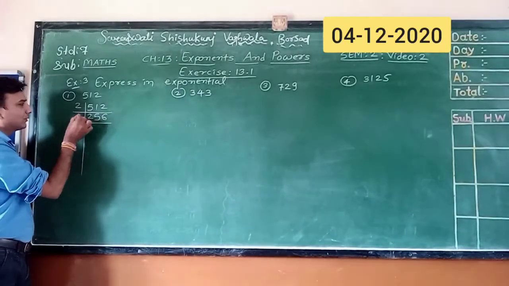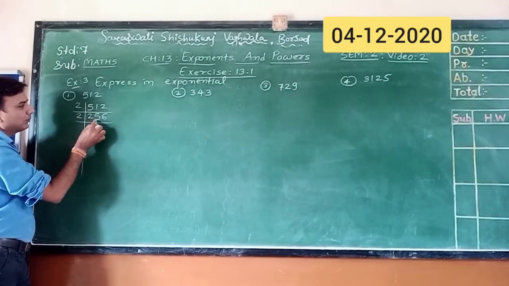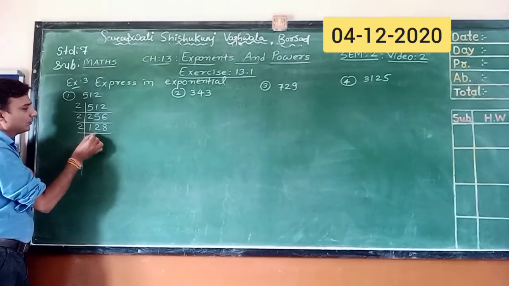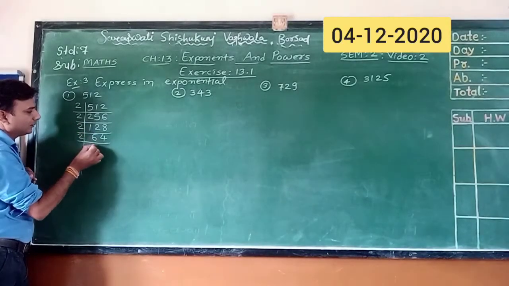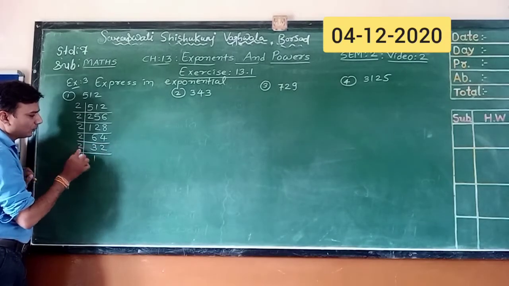Now again 6, 2 ones are 2, 2 twos are 4.